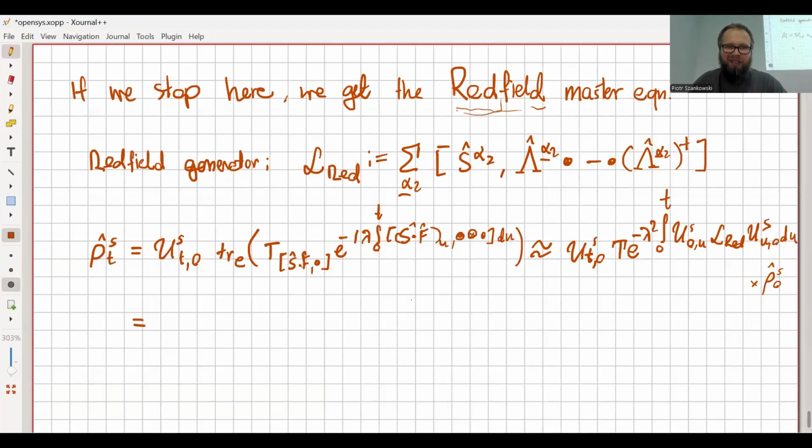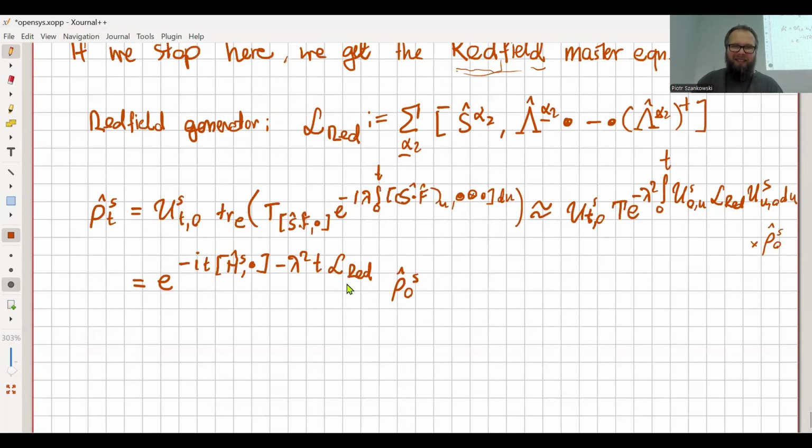When we do this, we re-entangle the unitary and get e to the minus lambda squared t L_red acting on the initial state.